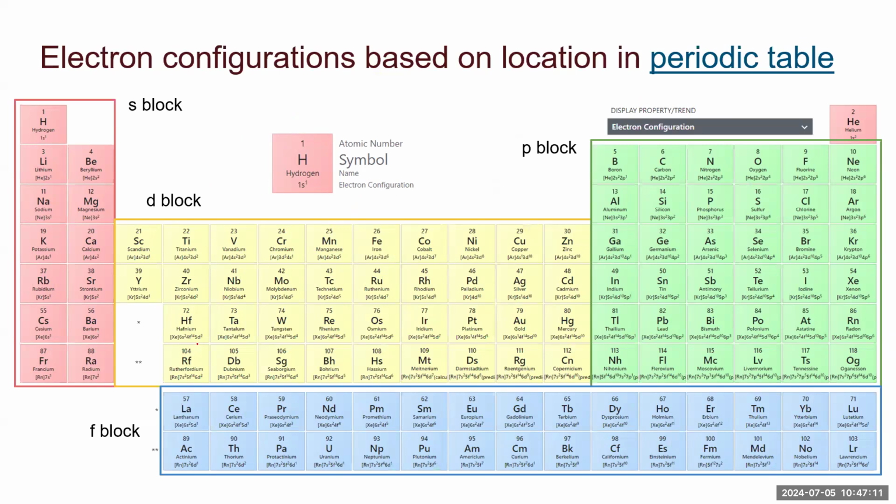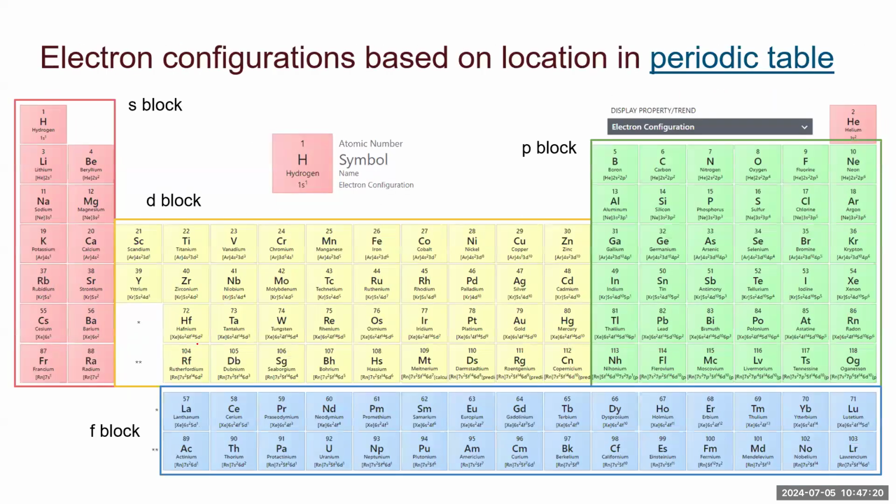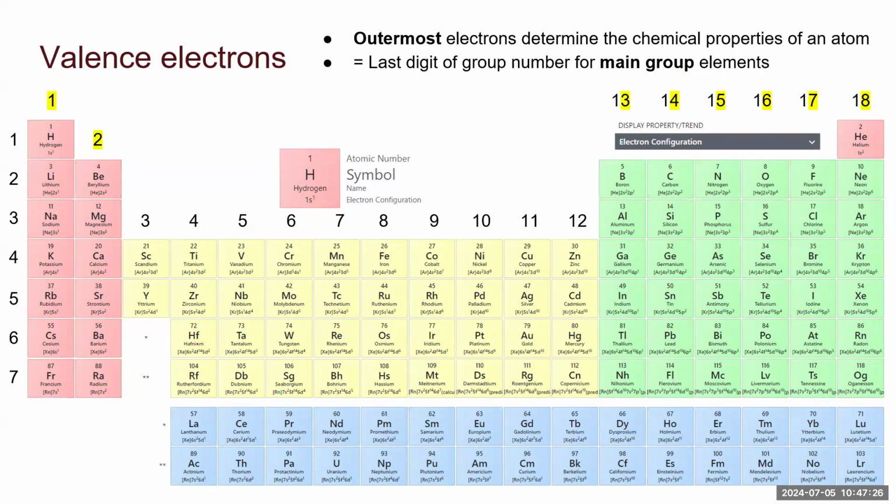These blocks are known as the S, P, D, and F blocks. These blocks represent which block the valence electrons, the outermost electrons of an atom, are in.